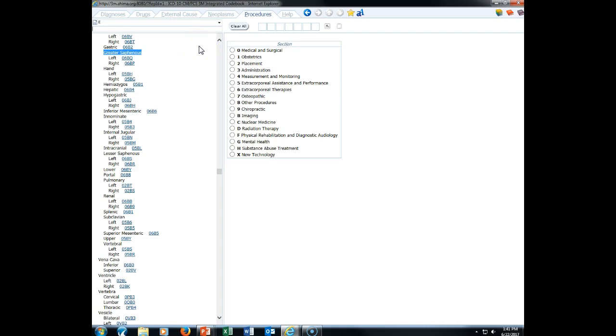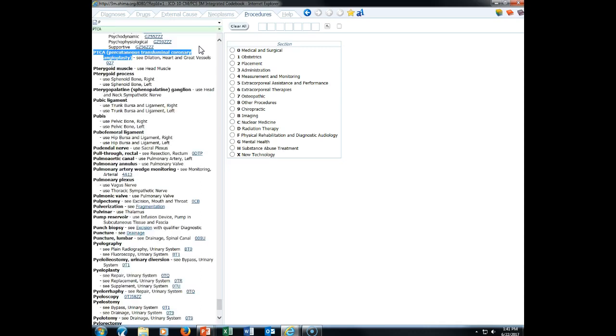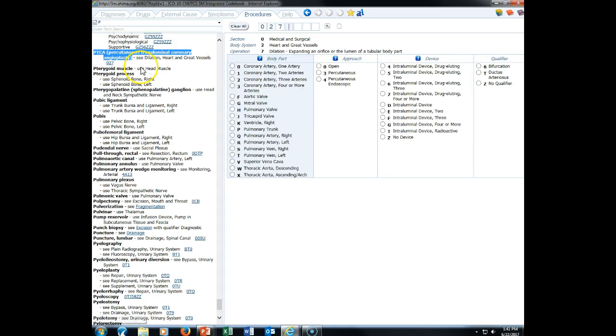So in the index, let me just put in PTCA. It tells me to see dilatation, heart and great vessels, 027. And when I get to this table, you see I'm back at the body part table. This table looks the same as it did for bypass, if you'll notice.